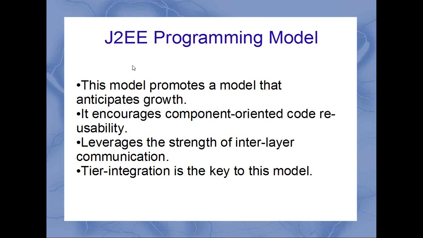This model promotes a design that anticipates growth. This can be easily changed also, as we all know. It also encourages component-oriented code reusability. It leverages the strength of the interlayer communication technique. And the tier integration is easy, which is also the strength of this model.